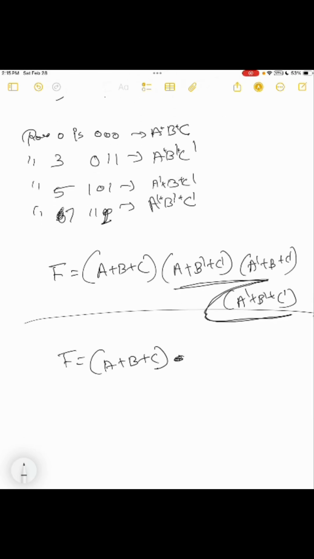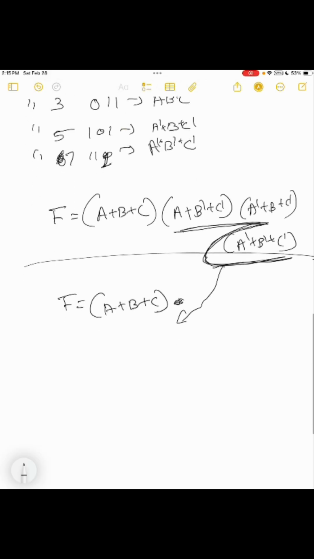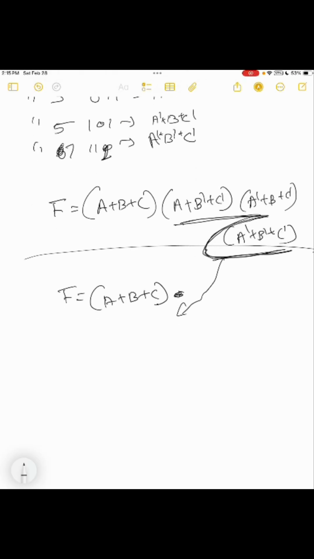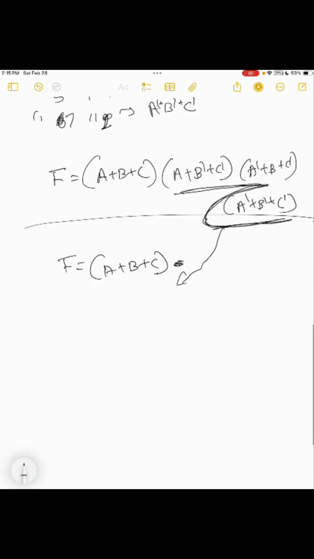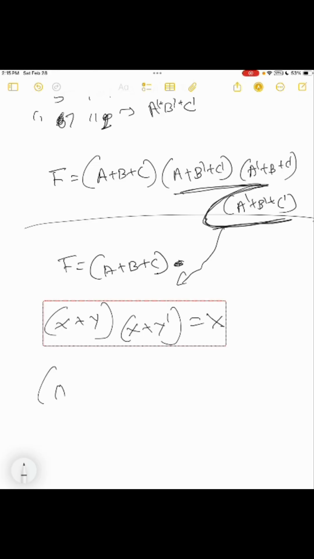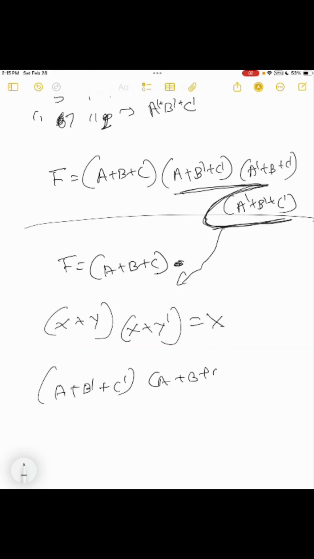So I'm going to simplify them first. We know there is an identity: x plus y times x plus y dash equals x. So we can look here: A plus B dash plus C dash times A plus B plus C dash.